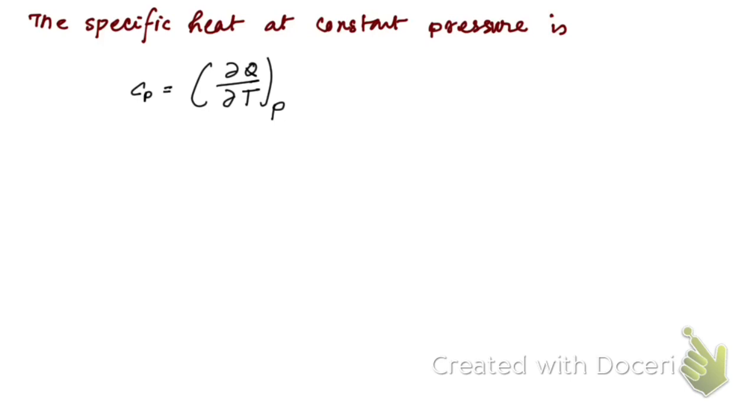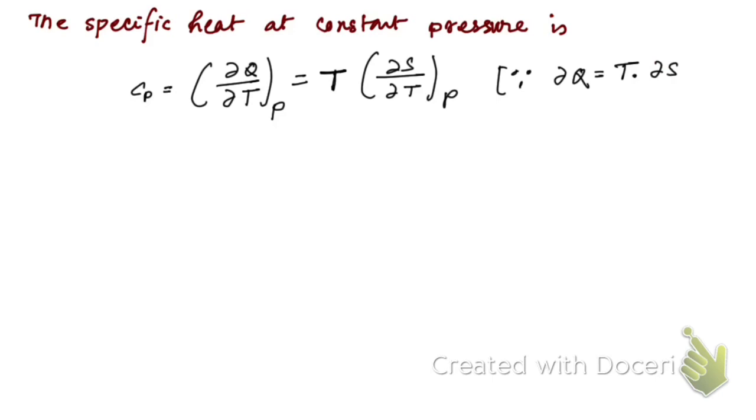Here del Q is the heat and del T is the change in temperature. It can also be written as T times del S by del T, where del S is the change in entropy, because the heat supplied del Q is equal to T dot del S.